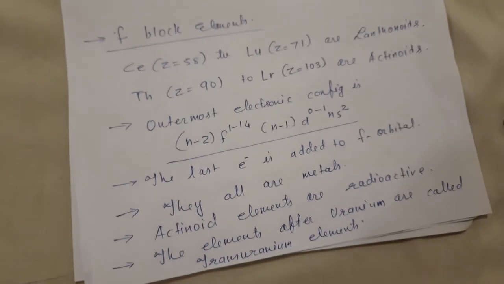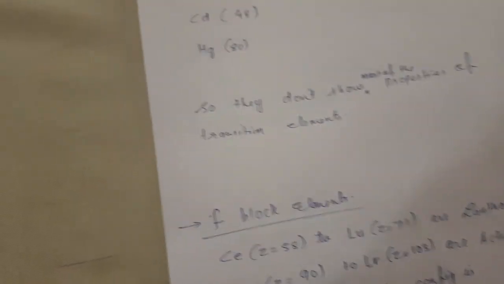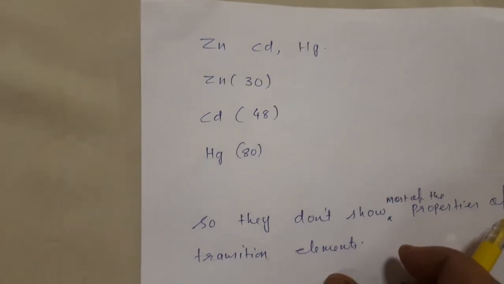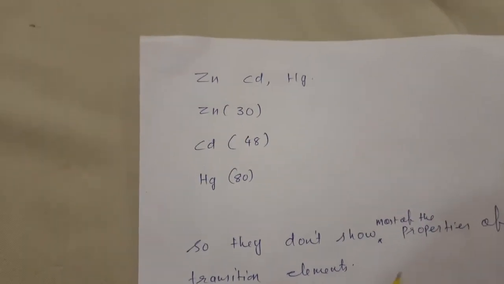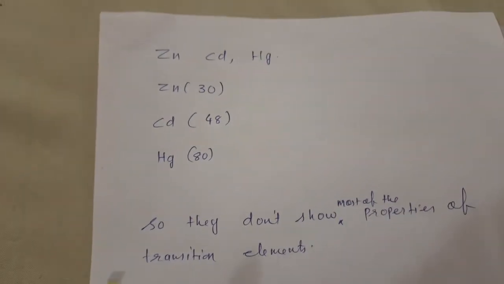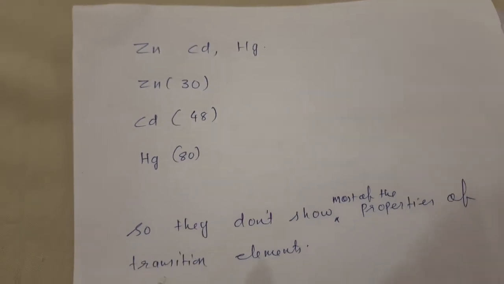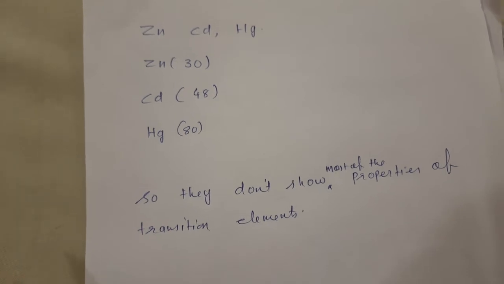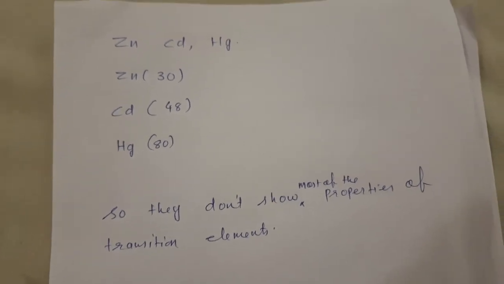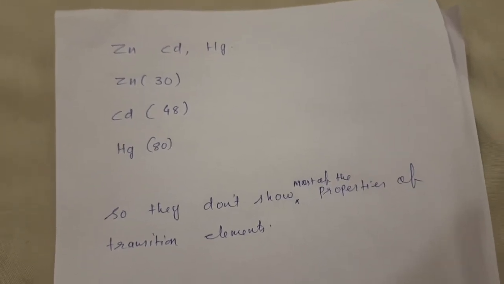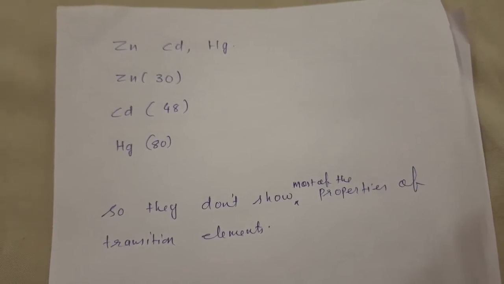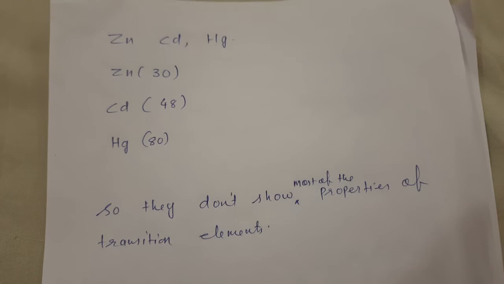Zinc, cadmium and mercury, they are not known as transition elements, though they do not show the properties of transition elements. Then you can ask teacher, इनको transition elements क्यों कहते हैं? Because they are in S block elements are very reactive and P block are less reactive. इन दोनों के बीच की property है, so they are known as transition elements.